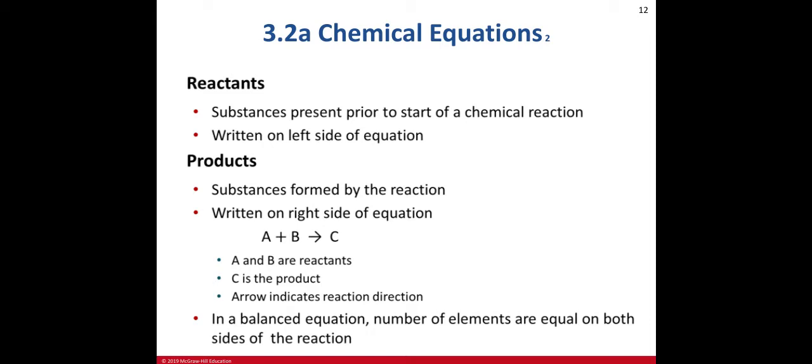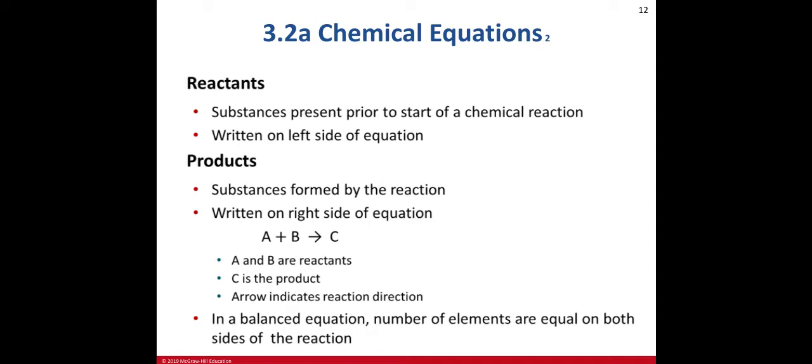So again, let's take a little look here and see our reactants. That's the stuff that we start with before a chemical reaction. And again, we write that on the left side. Then we've got our products. That's what we make. That's on the right side. So in the little example here, we've got A plus B yields C. That little arrow, you read it as yields.